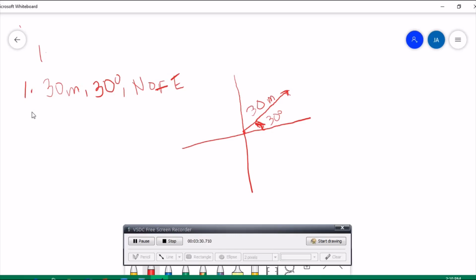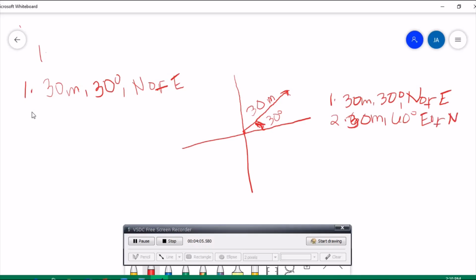Now, there are different ways on how to name this, of course. You can name that as our given, so 30 meters, 30 degrees north of east. But you can also name that as, let's say, 30 meters, 60 degrees east of north.